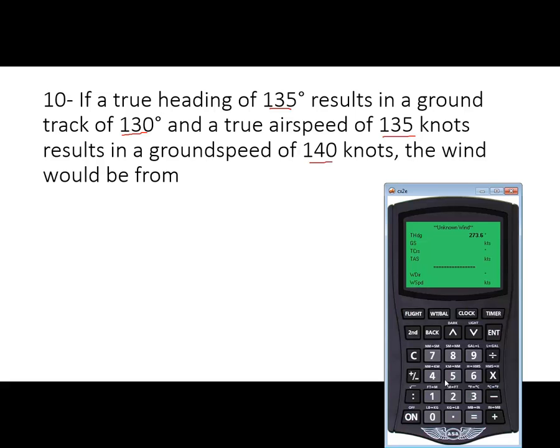So we know our true heading is 135 and our ground speed is 140, and our true course, which is the same thing as your ground track, is 130, and your true airspeed was 135. Then you'd find out the wind was from 245.1 degrees at 13 knots. And that's the answer for this one, 245 at 13 knots.